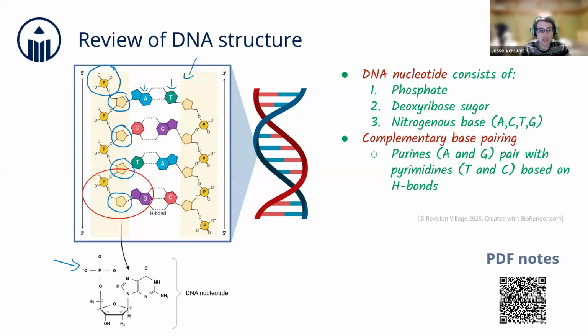The differences between purines and pyrimidines can also be seen here. So purines like A and G have two ring structures, whereas C and T, which are the pyrimidines, have only one. And you can see that an A can only bond with a T because it has the space for two hydrogen bonds that can form, whereas a C and a G can form three.